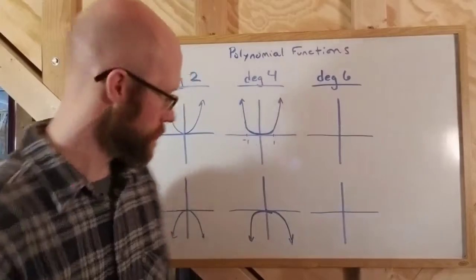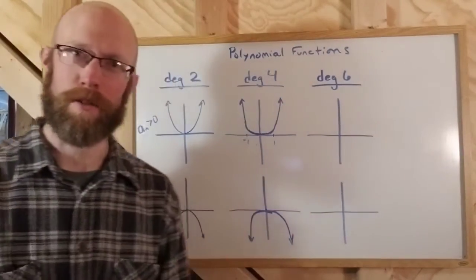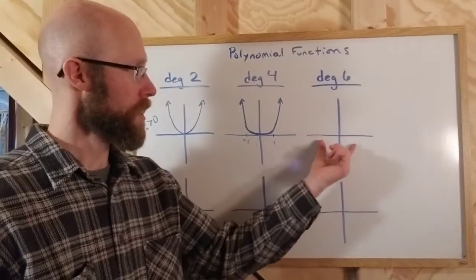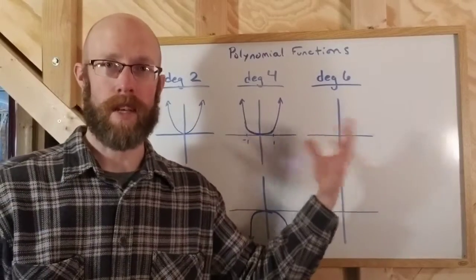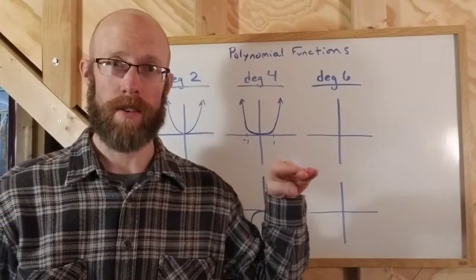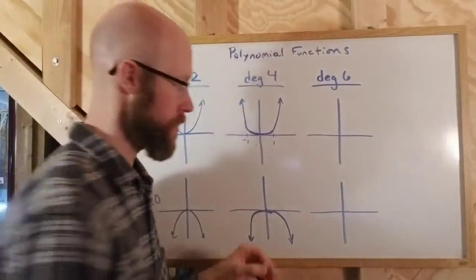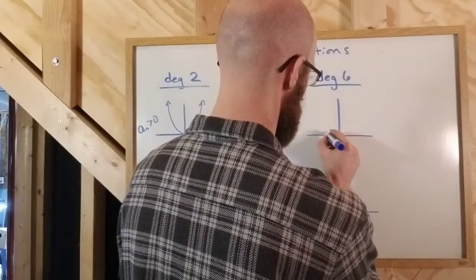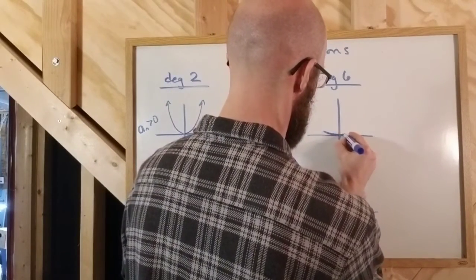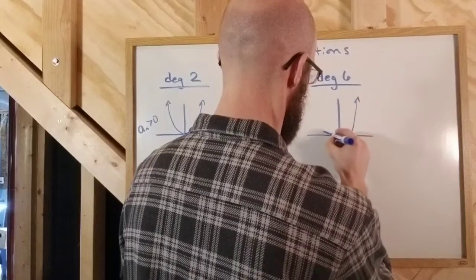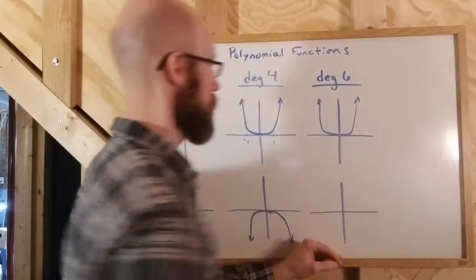Okay, not very symmetrical, but you get the idea. Getting up into degree 6 and so forth, it's going to get even flatter in the middle and even steeper on the ends. So we're going to see something that looks like that.